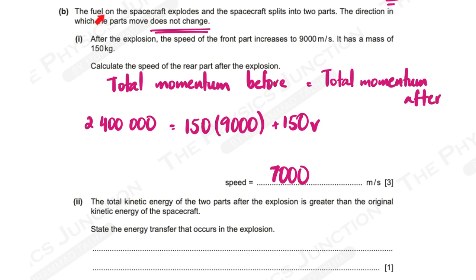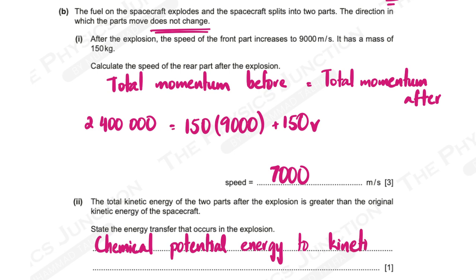And the hint here lies with this word. Fuel is basically a store of chemical potential energy. So the idea here is this, that chemical potential energy is transferred to kinetic energy. That's why the kinetic energy is greater after.